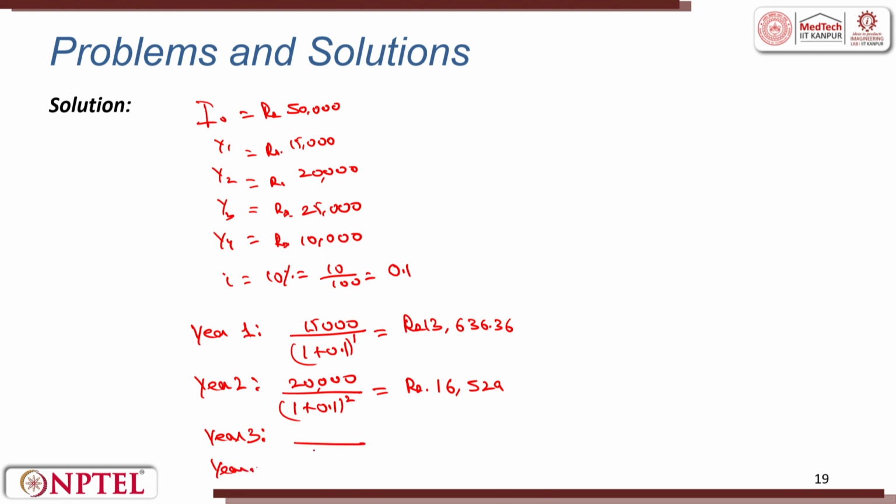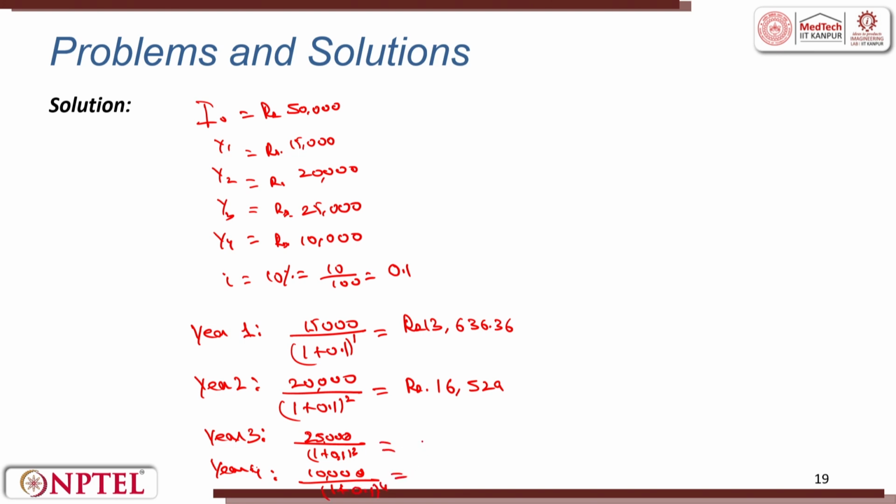Where we have 1 plus 0.1 per 3 in the denominator, and we have 25,000 in the numerator. And for year 4 we have rupees 10,000 in the numerator, and for the 4th year it is 1 plus 0.1 per 4.